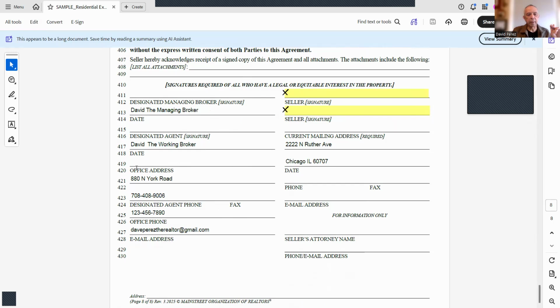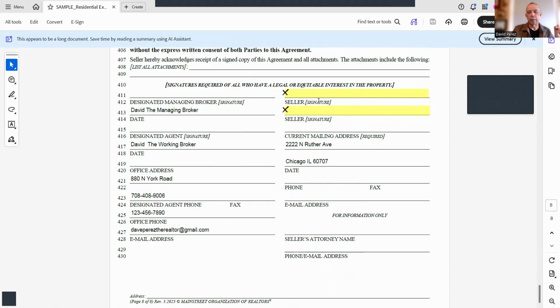So here's the information on the brokerage, the office, where it's located, phone numbers, the agent's email address. This is my email address here. Now, a couple of things that we need at the end that are required. Seller signature. Okay. Like I said, if it's just one seller or one owner, we just need one signature.